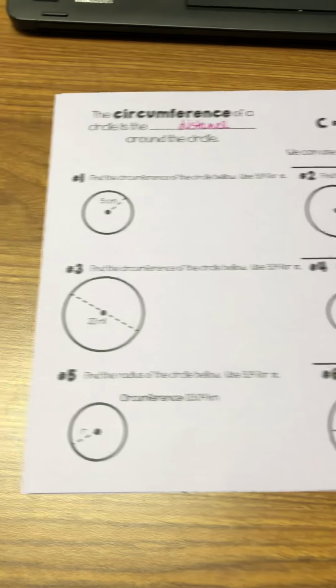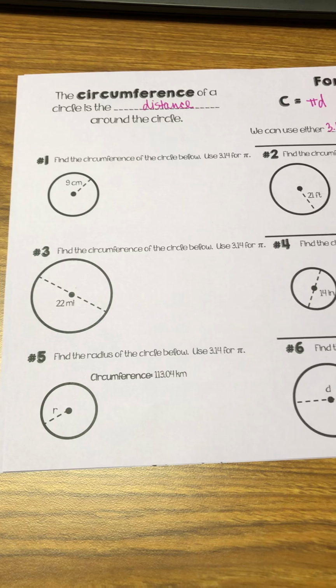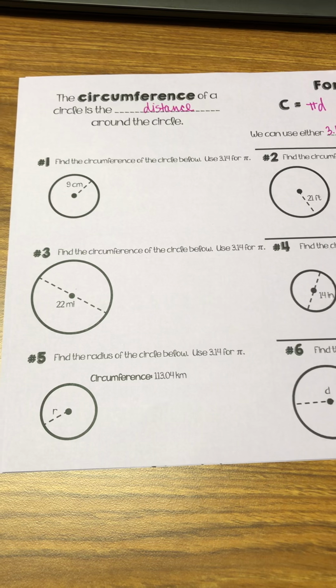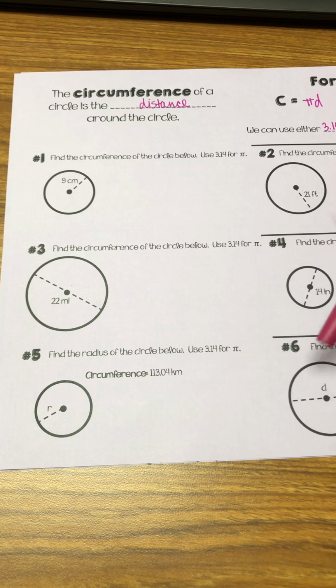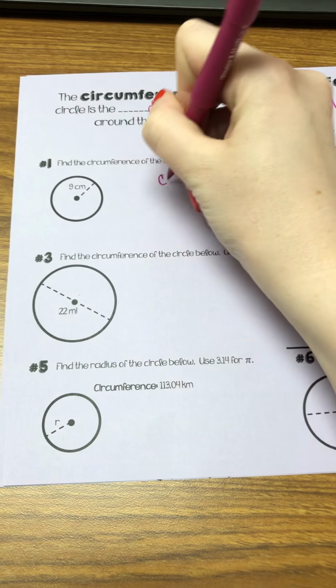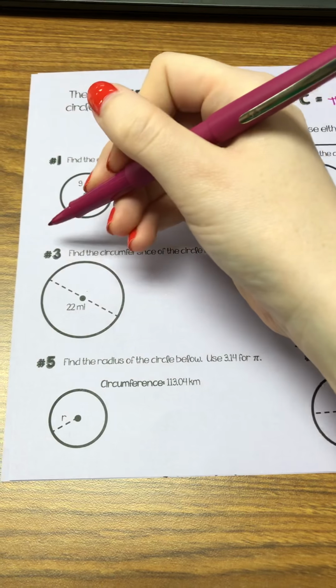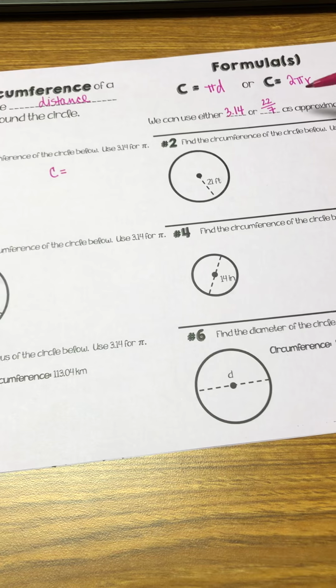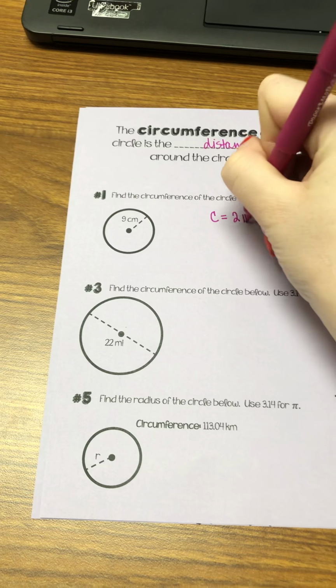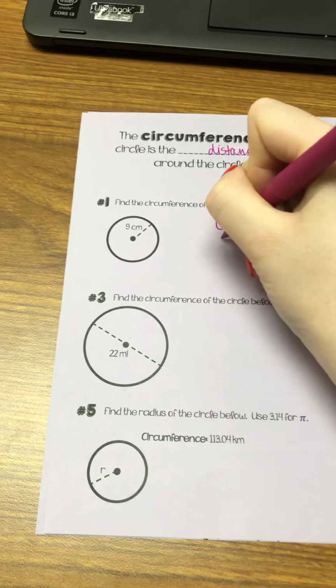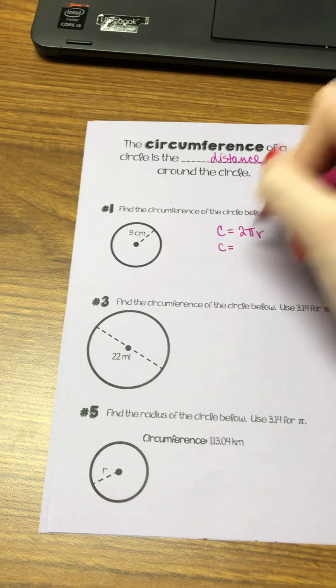So let's go ahead and look at some examples. So for number 1, it says find the circumference of the circle below and use 3.14 for pi. Well, because they only gave me the radius and not the diameter, I'm going to go ahead and use the second formula, c equals 2 pi r. Okay? And then I'm just going to substitute in my values.